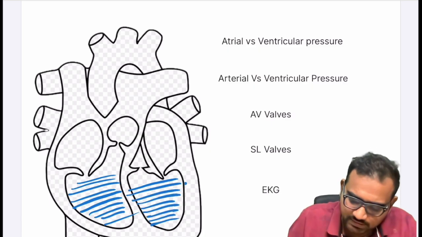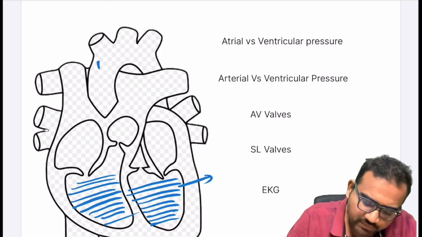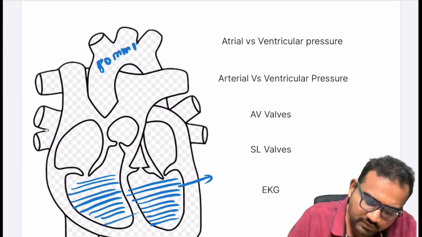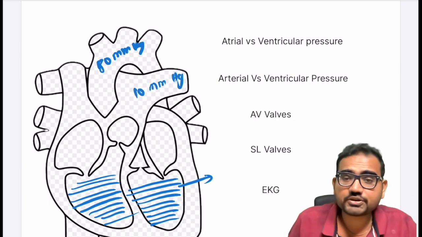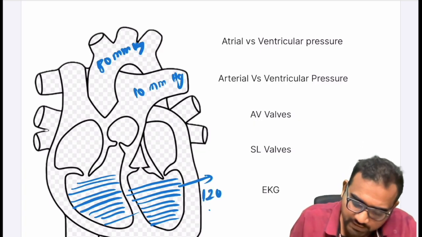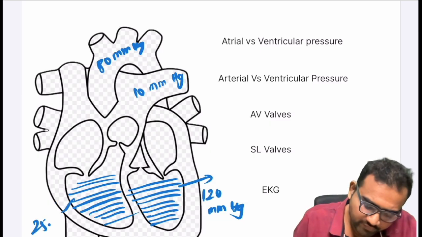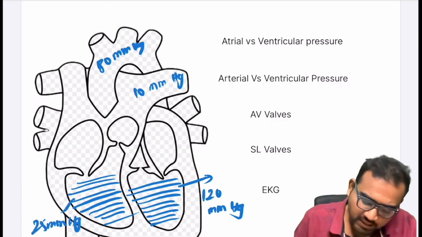The pressure in the aorta, as I told you, will be around 80 mmHg, and in the pulmonary arteries it will be around 10 mmHg. Now the pressure in the left ventricle will be around 120 mmHg, and in the right ventricle it will be around 25 mmHg.